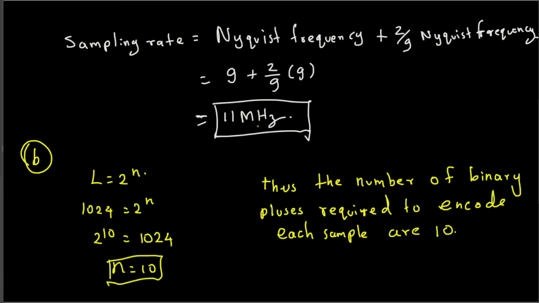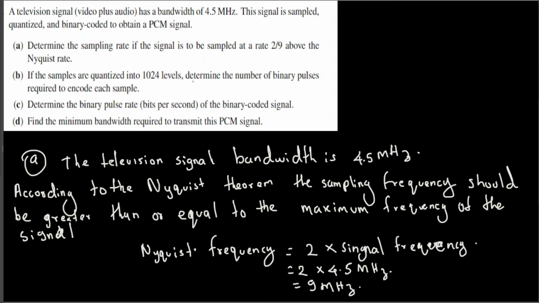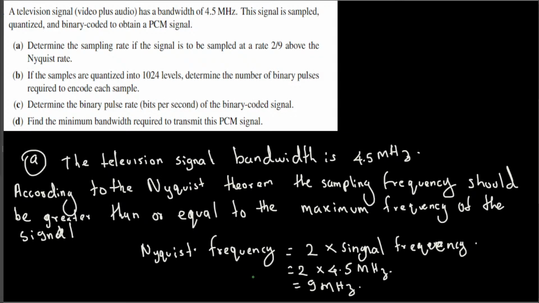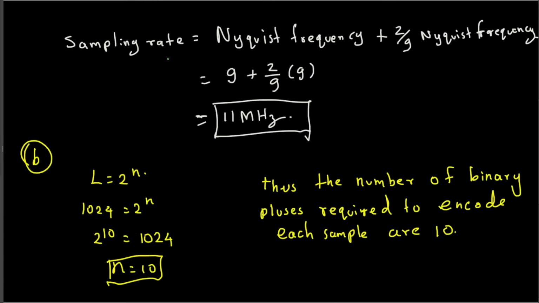Here n is 10, which we found from the previous question, and the sampling rate we found in the first part is 11 megahertz.